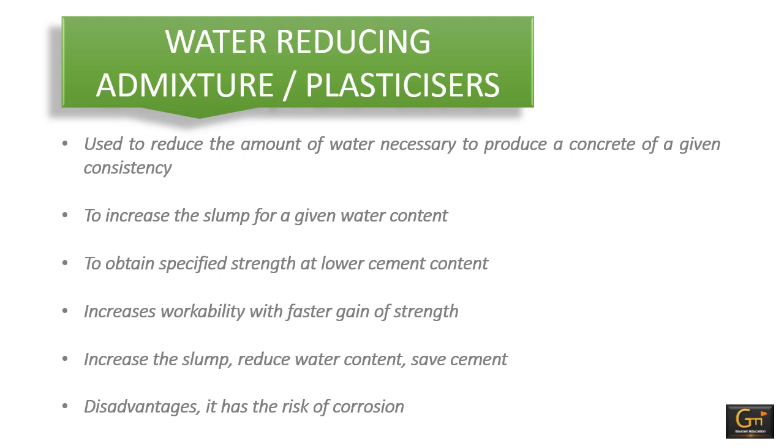They are basically used to increase the workability and also increase the slump for a given water content, and to obtain a specific strength at a lower cement content. The only disadvantage of this type of admixture is that it has the risk of corrosion.